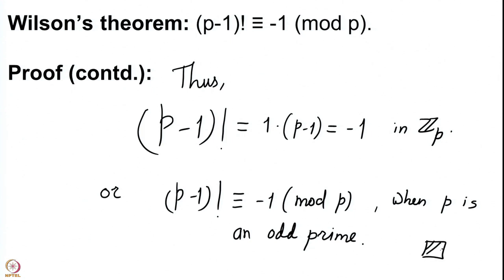So, the proof is quite simple, but remember that the intricate analysis that we have done for the number of solutions of x squared equal to 1 modulo n is one of the major steps behind the simplicity of this proof.